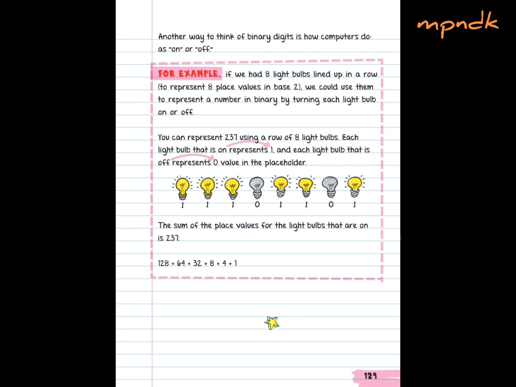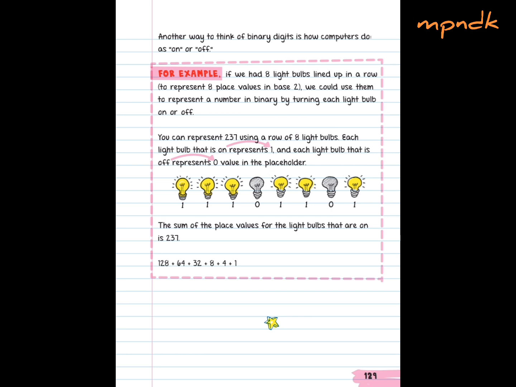For example, if we had 8 light bulbs lined up in a row to represent 8 place values in base 2, we could use them to represent a number in binary by turning each light bulb on and off. On or off, you can represent 237 using a row of 8 light bulbs.